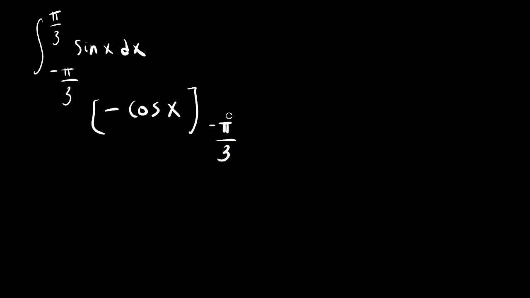And this is from negative pi by 3 to pi by 3. So in order to get from here, you just have to know this formula, which is f of b minus f of a. And what this says is that f is this function, which is negative cosine x, and b will be this pi by 3, and then a will be this negative pi by 3.